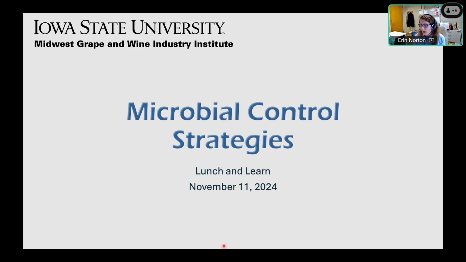So a lot of what I'm going to talk about, I've probably talked a little bit about on other Lunch and Learns before. Today's presentation is more about reframing things and getting you to think in maybe a little bit of a different way. There's probably lots of strategies that you're already using.